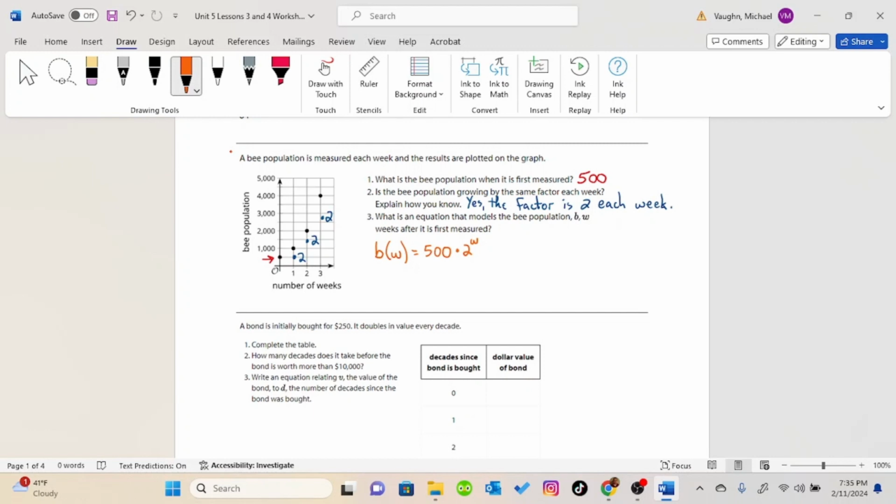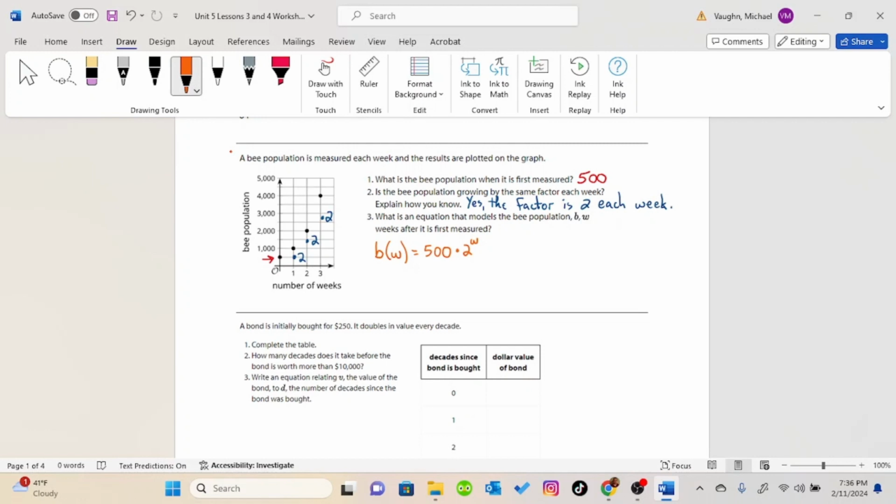So when we tried this, if we said 0, then 2 to the 0 is 1, and 1 times 500 is 500. If we said 1, 2 to the first power is 2, and 2 times 500 is 1,000. And that's what we have.